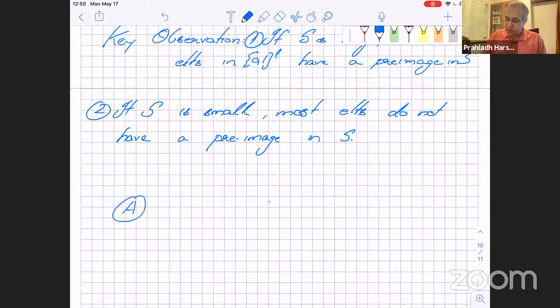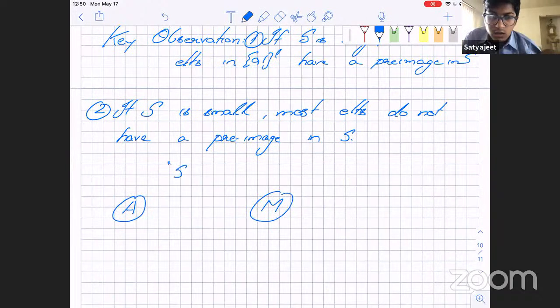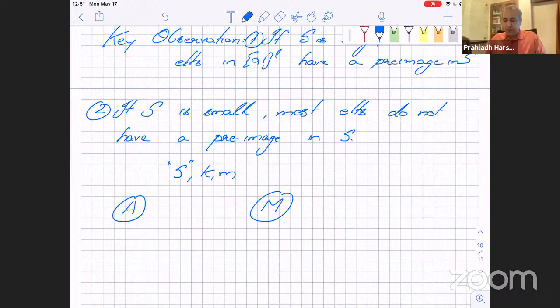There's Arthur and there's Merlin. S is specified implicitly. This is the input, and k and m are also specified to you. So what does Arthur do? Arthur does the first step.